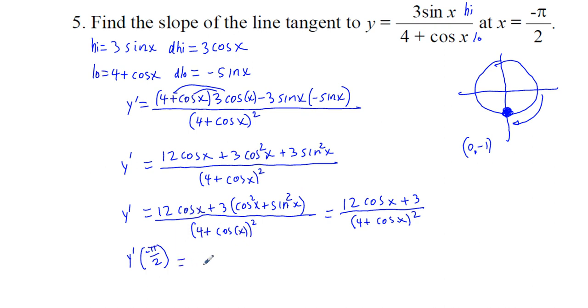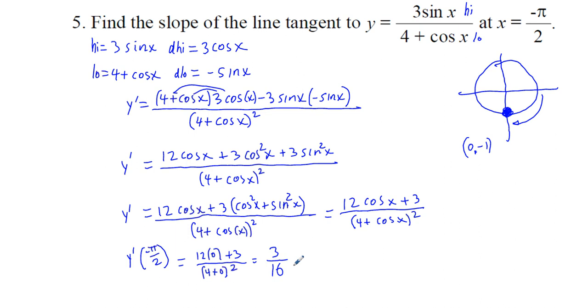So that's going to be equal to 12 times 0 plus 3 over this denominator, 4 plus 0 squared. And so what we have is 3 over 4 squared, or 3/16.